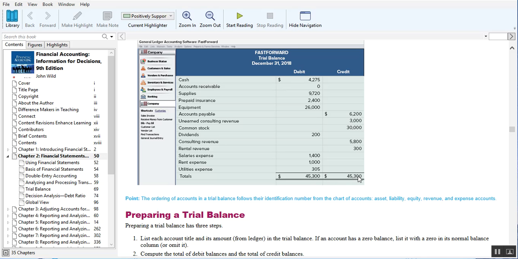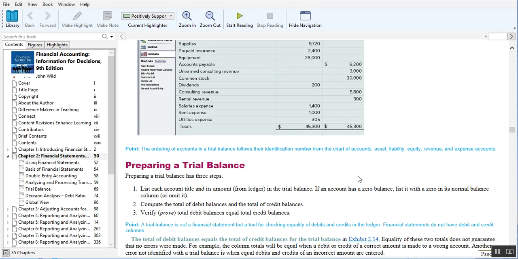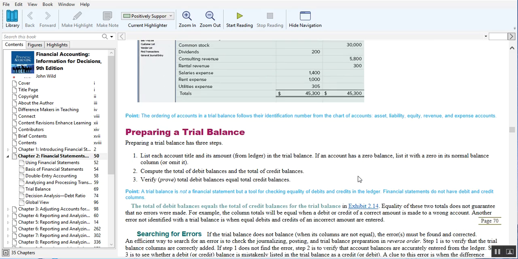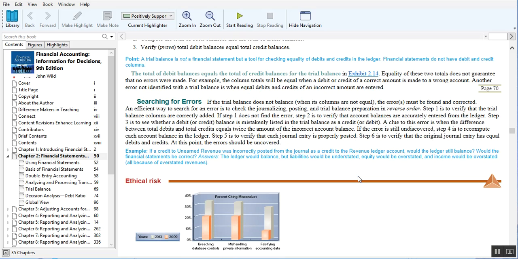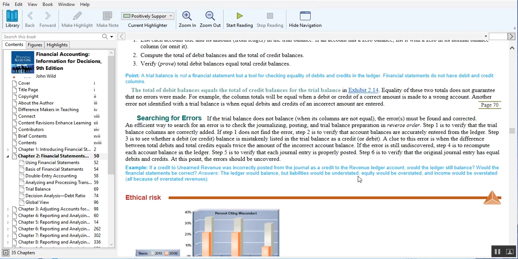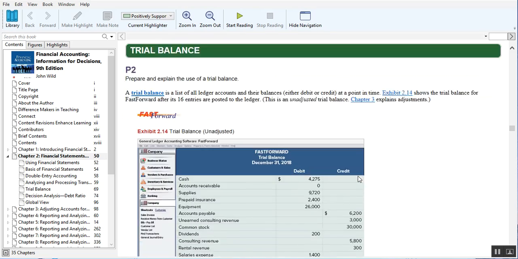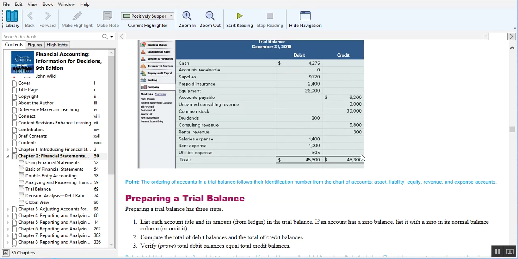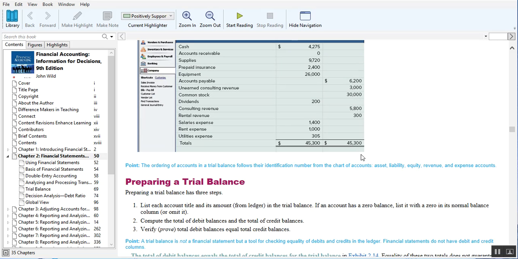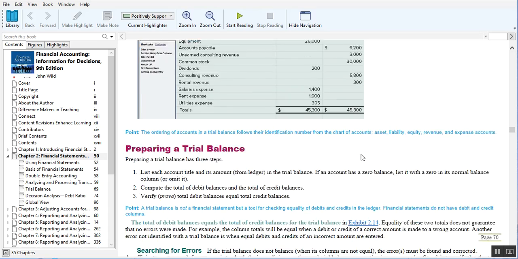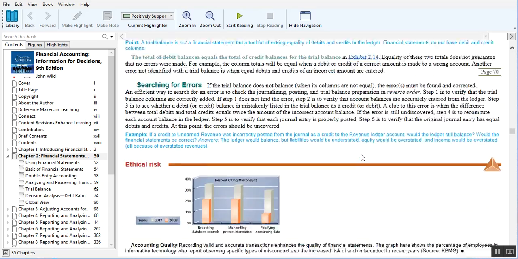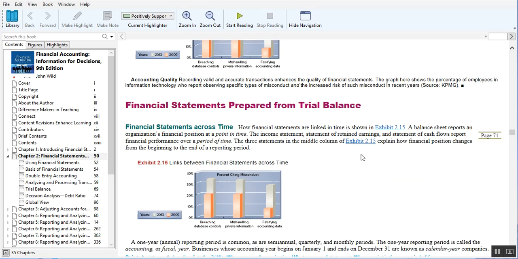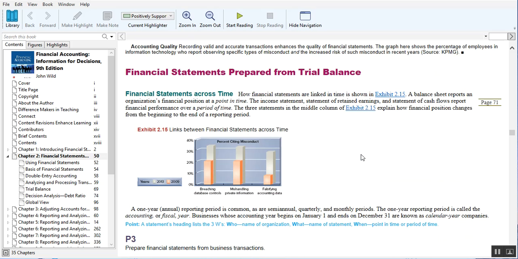Therefore, you know that you've posted all the journal entries correctly and that all the debits and credits balance out. If we find an error, most typically, one of the biggest errors is putting a number in the wrong column. Another error may be to reverse two numbers, transpose them. And we can talk about how to find those errors in class.